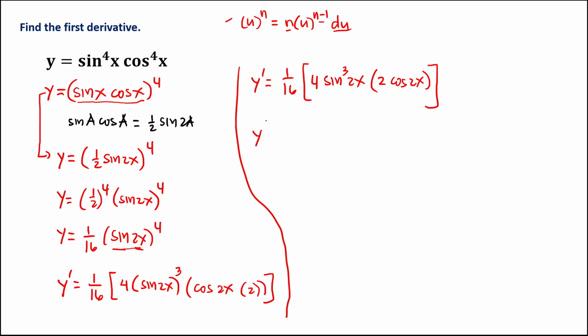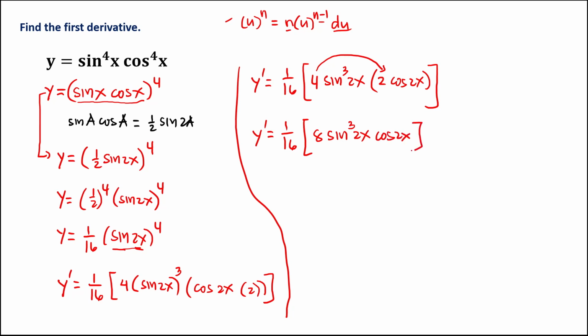Then this becomes y prime equals 1/16. So multiply this 4 to 2. So this becomes 8. Then we have sine to the power 3, 2x.